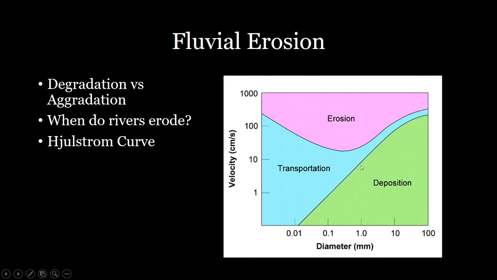Whereas in order to get that grain to actually move and get eroded, you would require at least flows up to 2 or 3 centimeters per second. But then once it's off of the bed, you only need the velocity to stay over 10 centimeters per second for it to be transported.